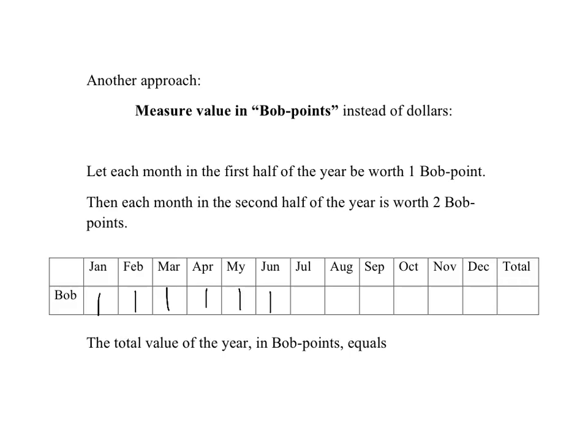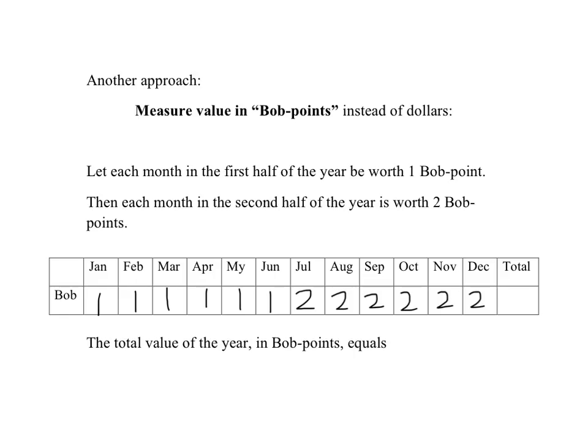And then in the second half of the year, each month is therefore worth 2 Bob points, because each month in the second half of the year is worth twice as much in money as a month in the first half of the year. That's just the given information. That's just the seasonality of the business that he runs. That's the exact proportional relationship between a second half of the year month and a first half of the year month, according to Bob's value system.